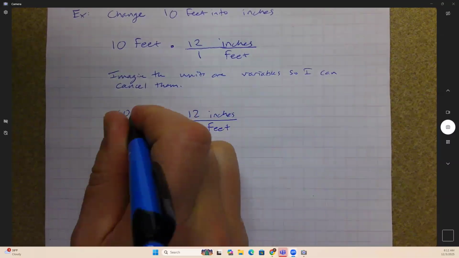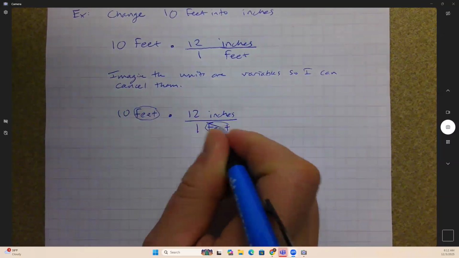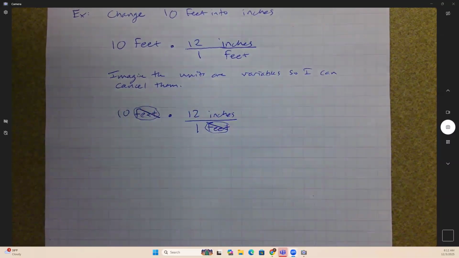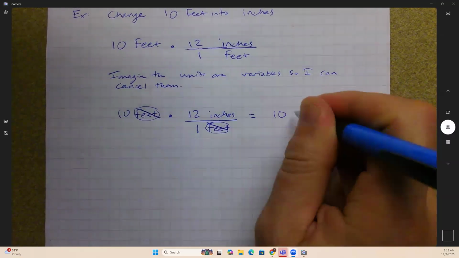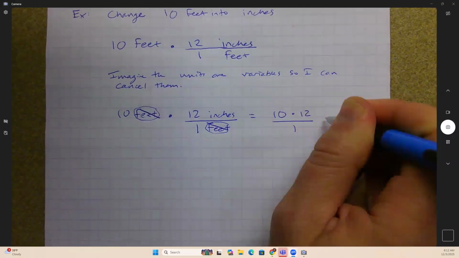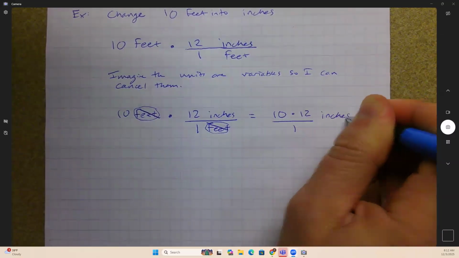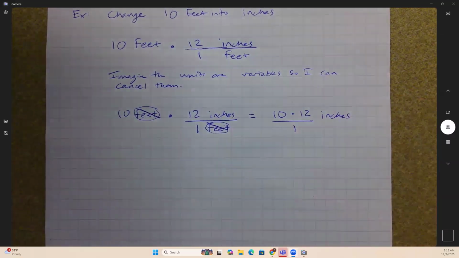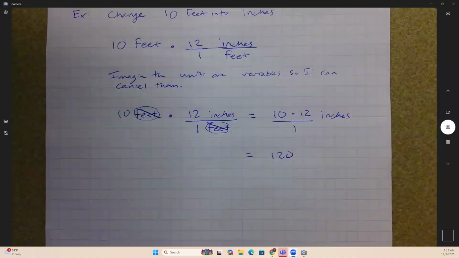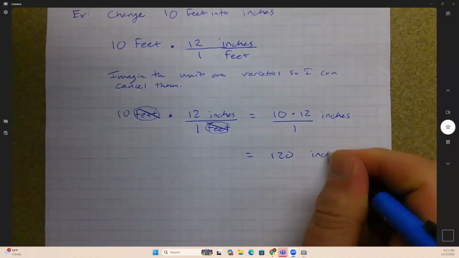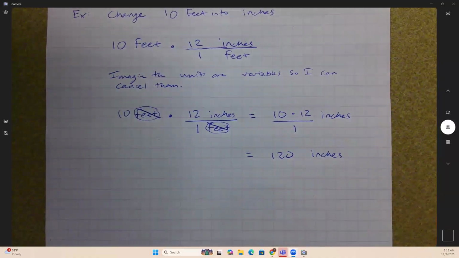So there's feet up here, there's feet down there, and they cancel. Just like variables, I can cancel the units. And that leaves me with a math operation, 10 times 12 over 1 inches. And then I do the arithmetic. 10 times 12 is 120, divide by 1, doesn't matter, 120 inches.